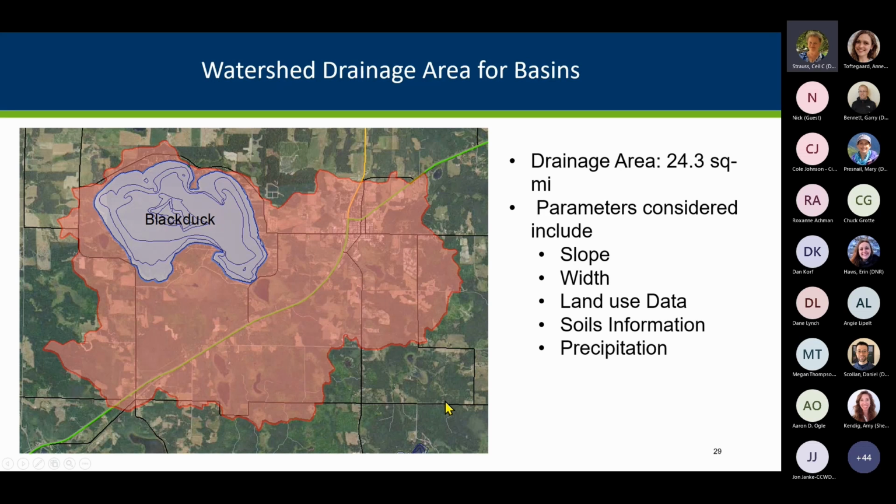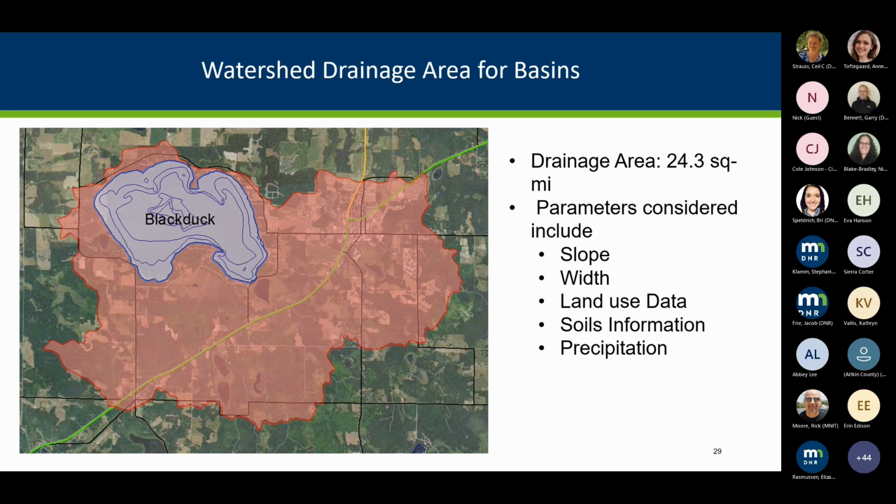Sure, thanks, Ann. So here's an example where one of the techniques we might use in a basin area is, say we've got this basin. In this example, we've got Black Duck. And so we'll look at the amount of precipitation for that 100-year storm, and we'll add that amount of water to the lake directly. But then we've got all this drainage area that drains to that lake.